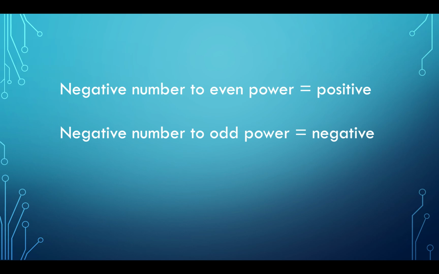Negative 2 to the third: negative 2 times negative 2 gives you positive 4, then positive 4 times negative 2 gives you negative 8. So a negative number to an even power becomes positive, and a negative number to an odd power gives you negative.